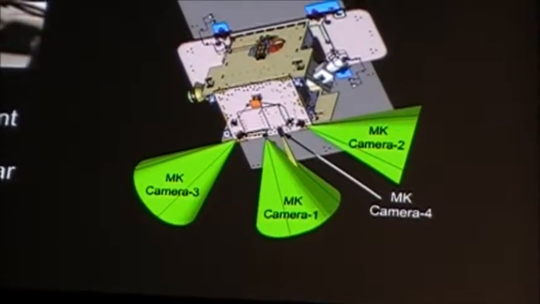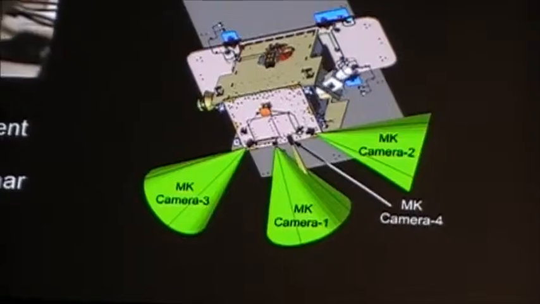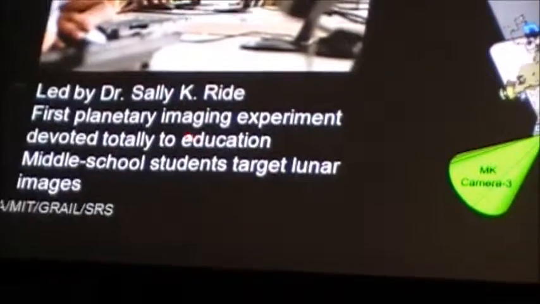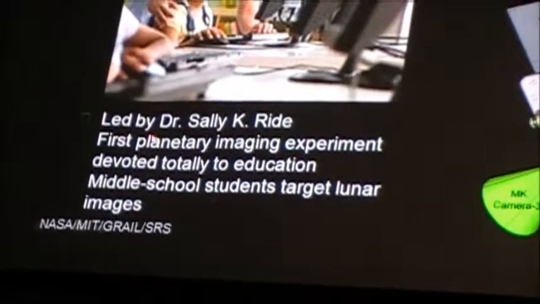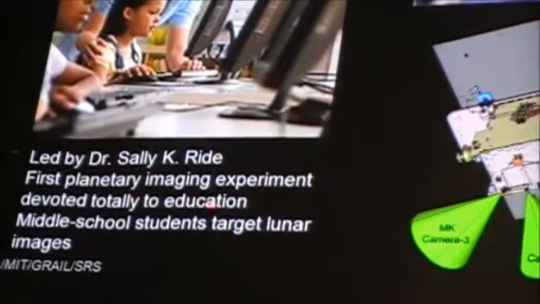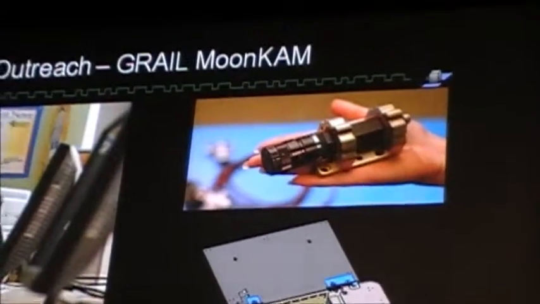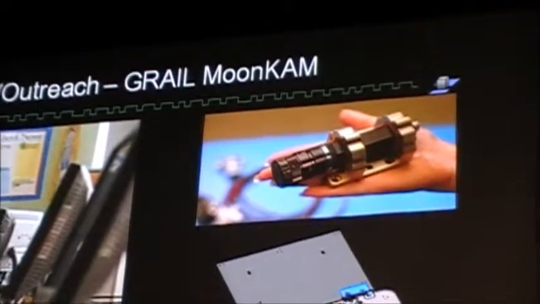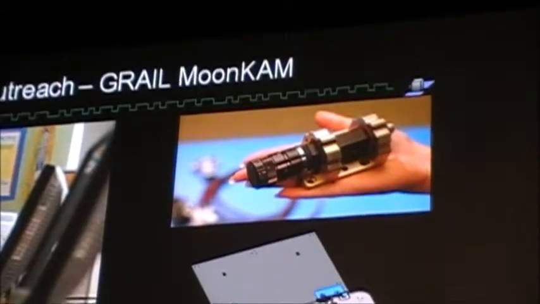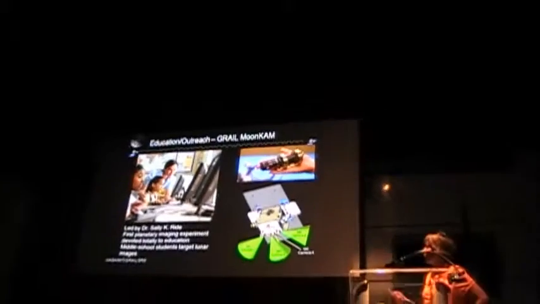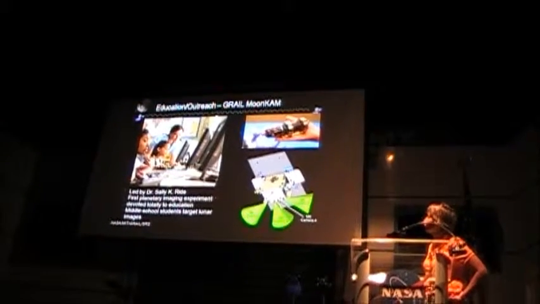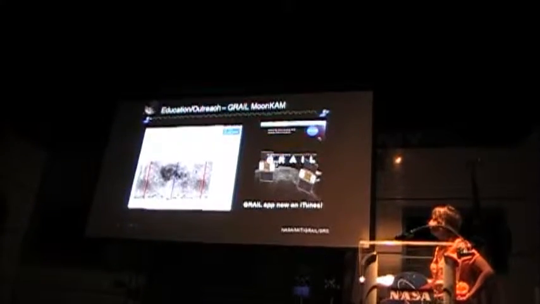So this experiment is called MoonCam. It's led by Dr. Sally Ride, who was America's first woman in space. It's the first time an imaging experiment on a spacecraft has not had a scientific purpose. It's devoted fully to education. And so we have these cameras that are mounted on the spacecraft. And then the next slide, please, which I think is the last one.